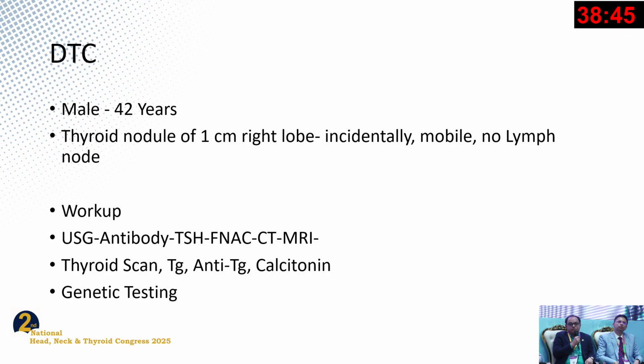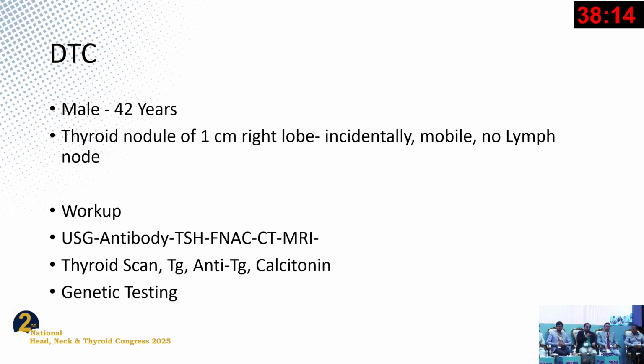Basically, if it is less than 1 centimeter, still we have to do first line investigation, the high resolution ultrasonogram of the thyroid, which is very important. Even if it is less than 1 centimeter, we have to see the margin and the consistency, and whether there is any calcification or not. If microcalcification is present and the outline is irregular, then we have to proceed further.